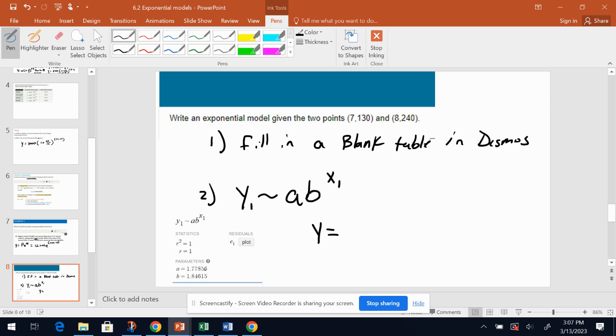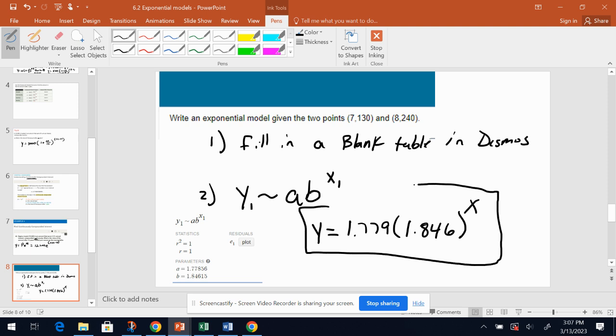This 5 is going to make that 8 a 9. So 1.779 times, and then I put in the B, 1.846. The 6 stays a 6 because the 1 doesn't move it up, and that's all raised to the x power. So really simple stuff, pushing a lot of buttons, using a couple of new formulas.